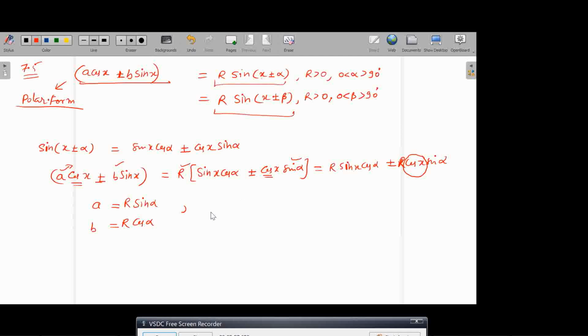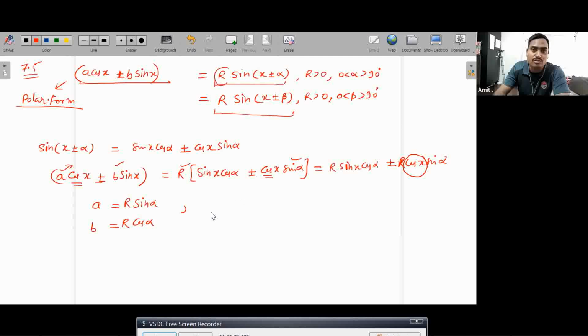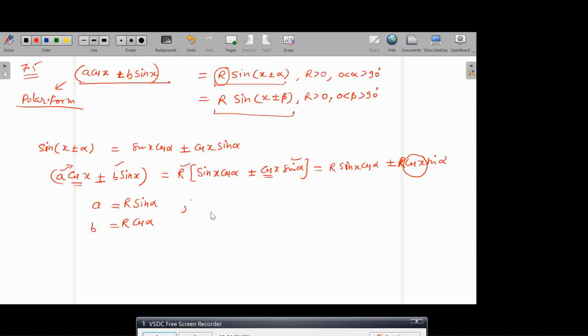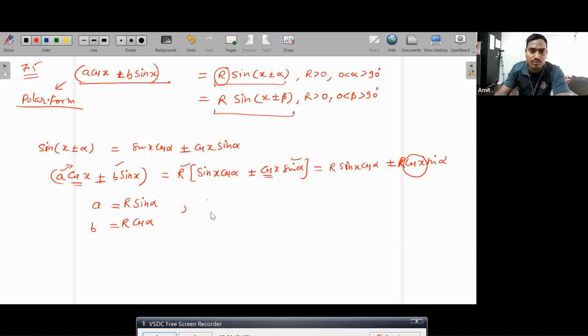Now, what is our motive? Our motive is to find the value r, because only r and alpha are to be found. So if we square these two, what does it become? Let me take the first as equation 1 and the second as equation 2.